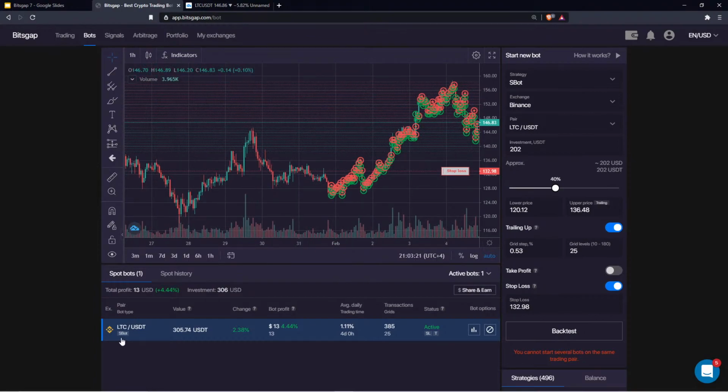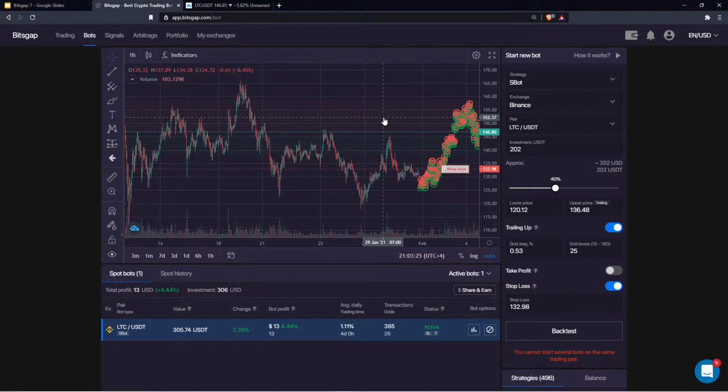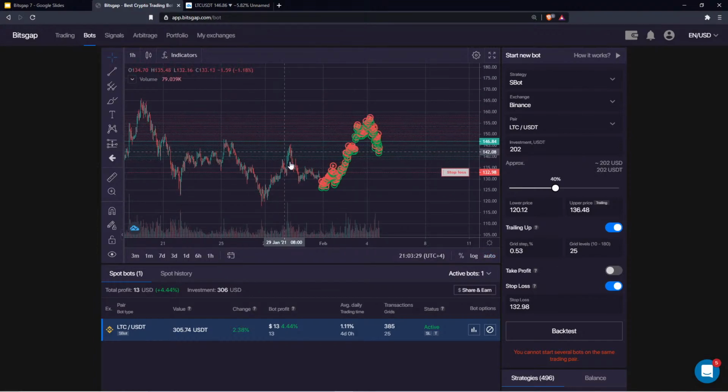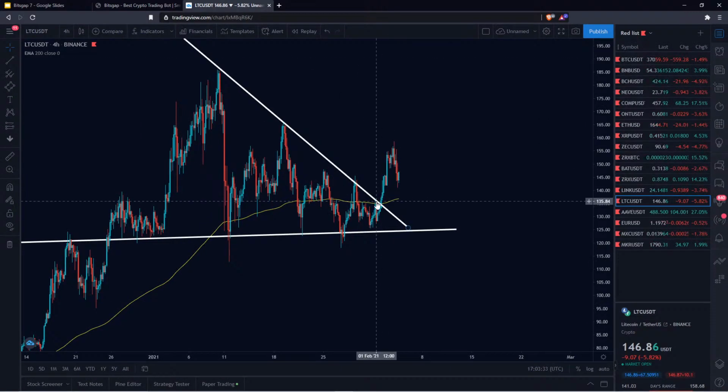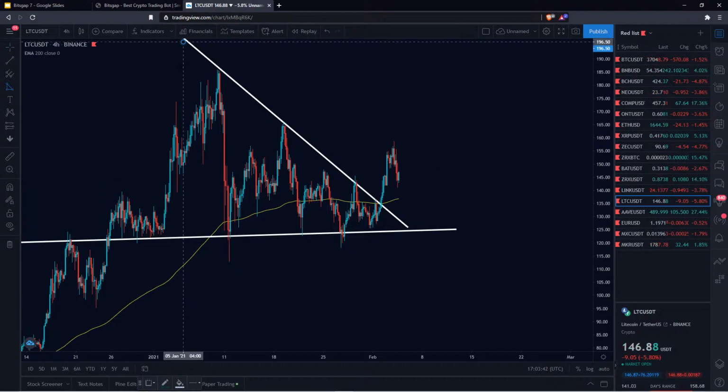And for this one, I use the SBot strategy because I expected the market to continue sideways for a while. But in reality, it turned out that it actually breached the resistance line. So that was the pattern formation that I spotted right over here.